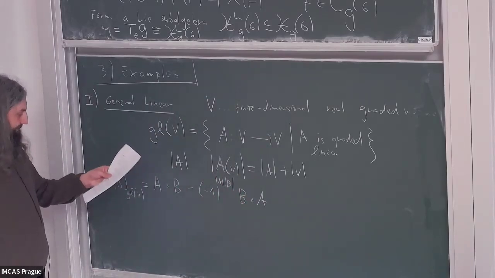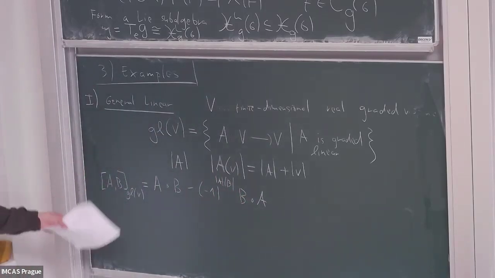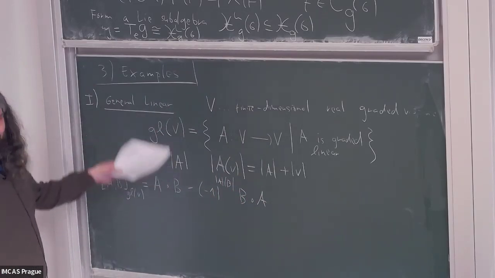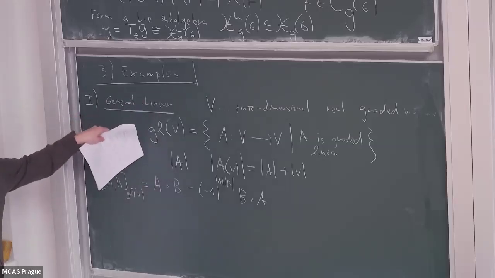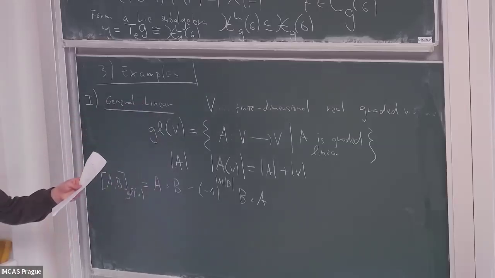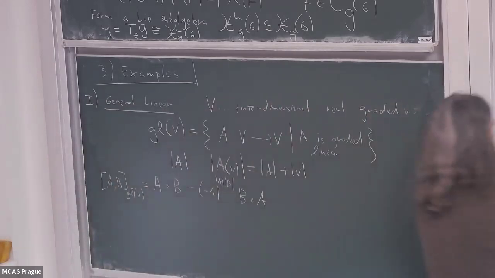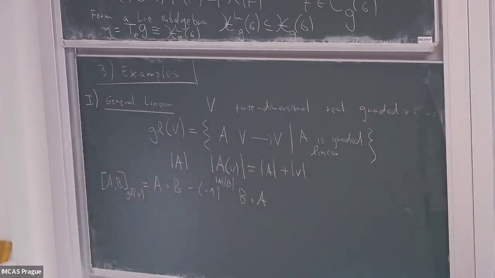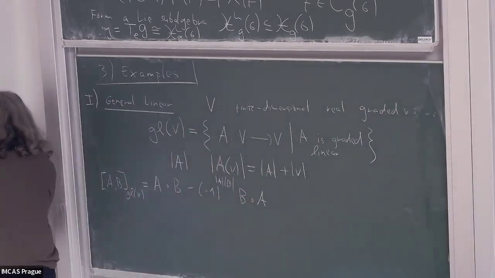And we would like to have a graded Lie group which integrates this one. So the graded Lie group such that its graded Lie algebra is precisely this one. So it's a very natural question. I will only be quite vague with some definitions because it's not that easy. But not that difficult either.